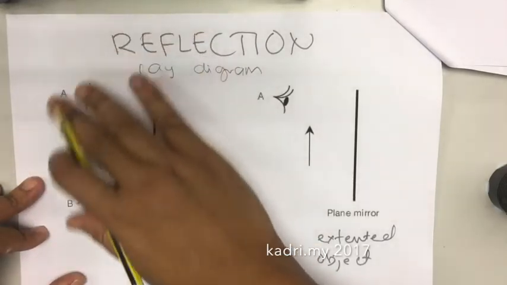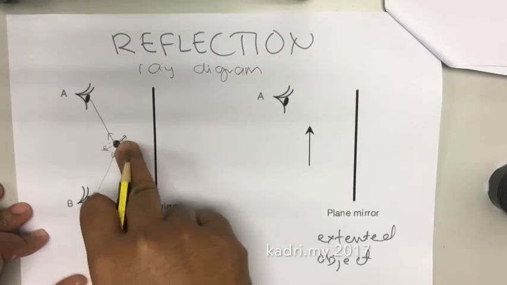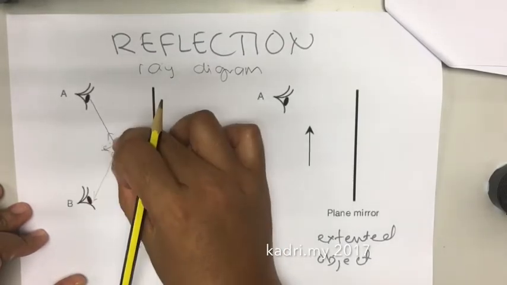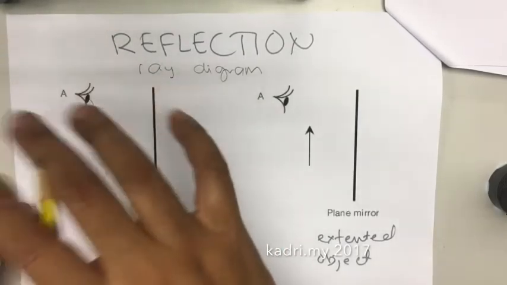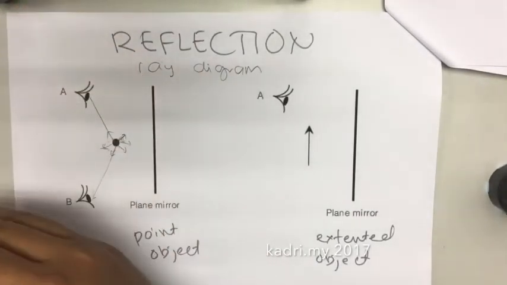So anyone around here can always see this LED, because light from the LED is emitted in all directions, so everyone can see it. Everyone takes a part of the ray.